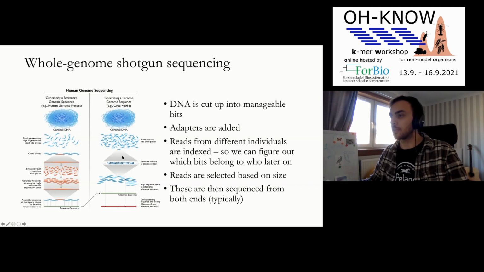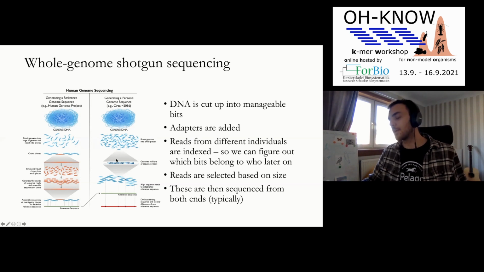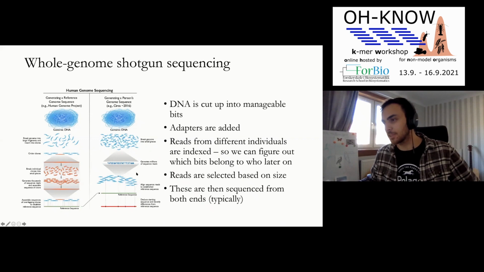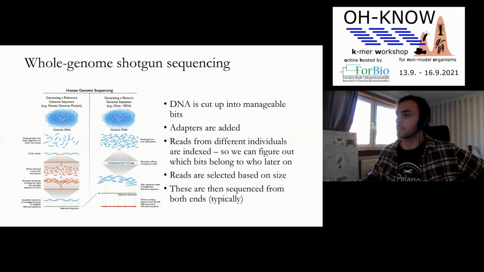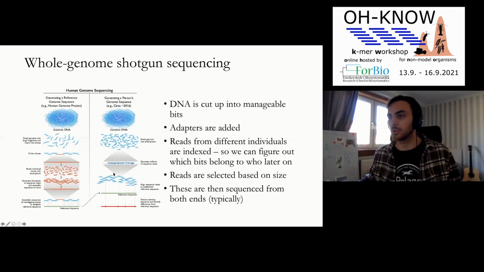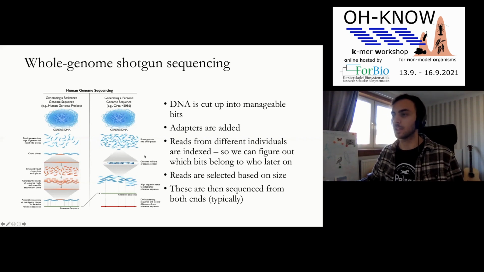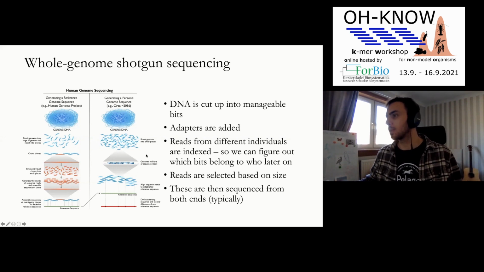We're then able to generate many millions of reads from these different fragments. And what we often do later is we align them to some kind of reference, or we create some kind of de novo assemblies, which we use to call genotypes or understand something about structure. Or in the case of this workshop, we use the fragments and the sequences themselves to understand something about the genome.